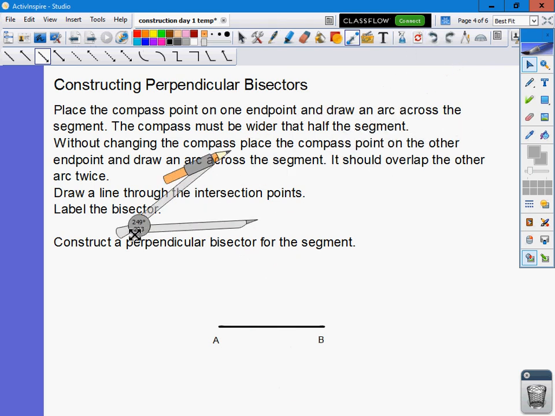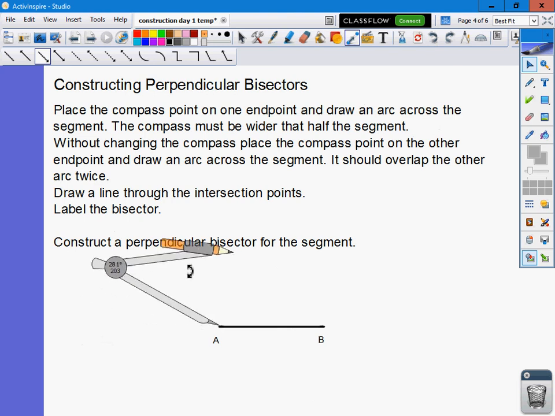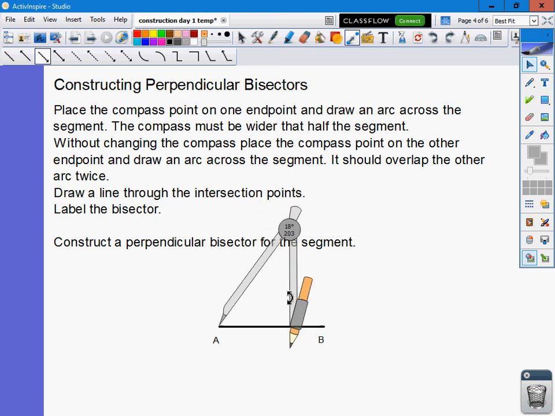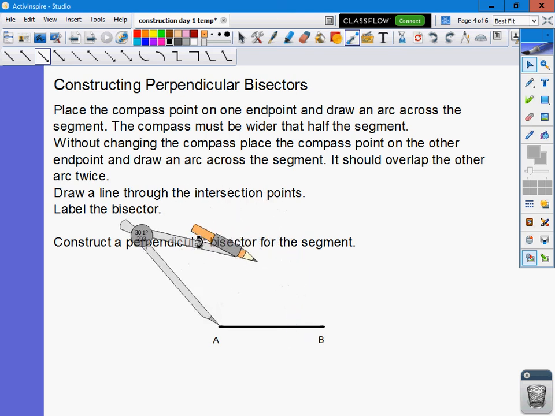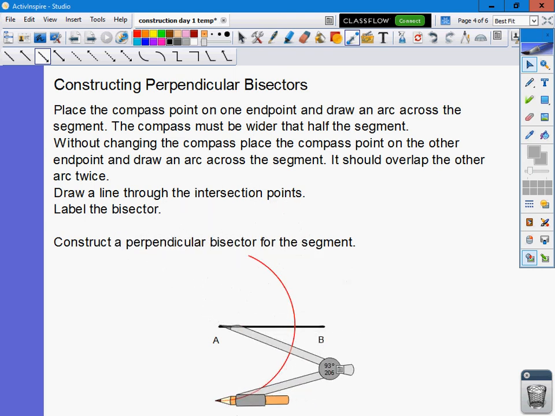Take your compass. Set it on one end point. Make sure that the compass is set for more than half of the length. It's got to be greater than half. Make an arc that goes above and below that segment.